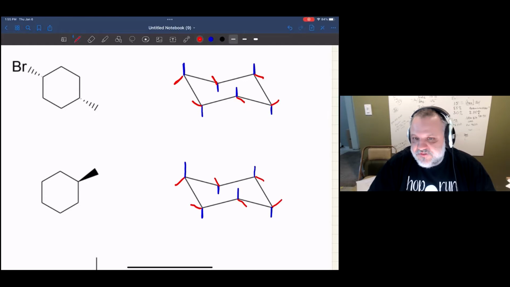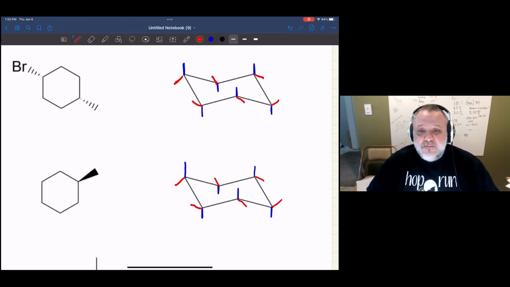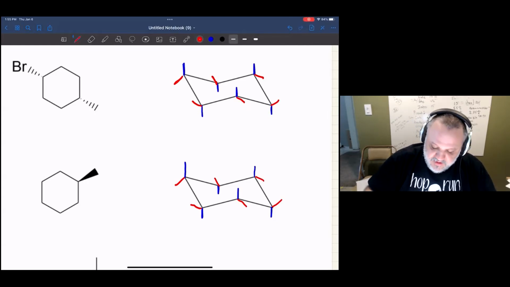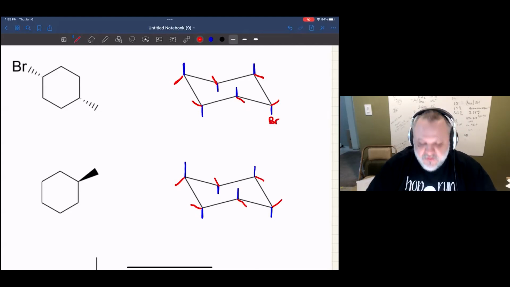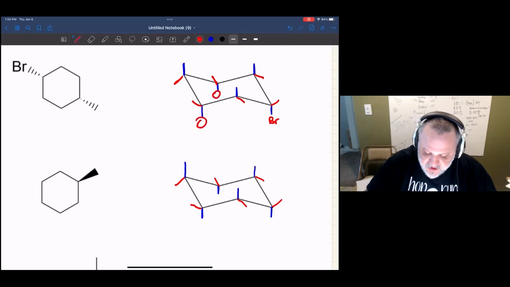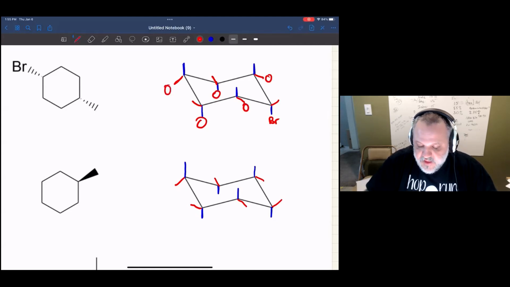Sometimes they're the same version, but oftentimes they're not. Which one you draw isn't going to matter. So I'll show you both versions for this first one, and then I'll just pick one for the next one. I've got a bromine pointing down right there. I could have done it here, I could have done it here, or I could have done any of the other down bonds. It doesn't matter.